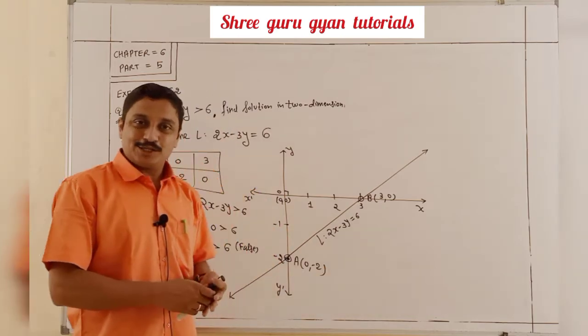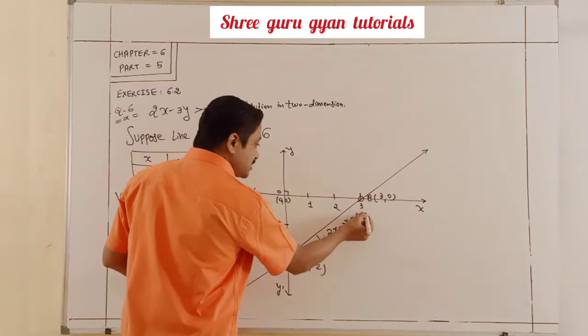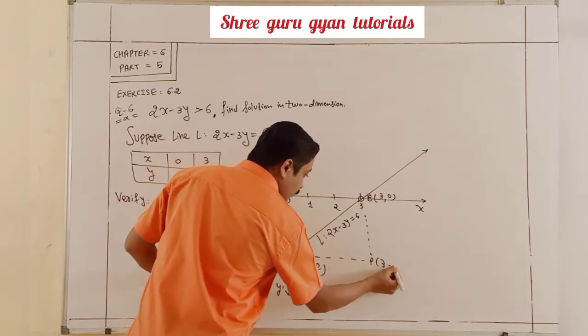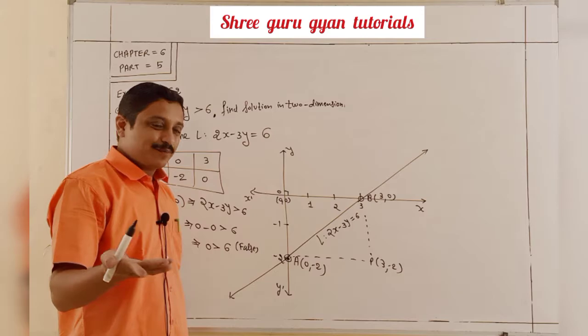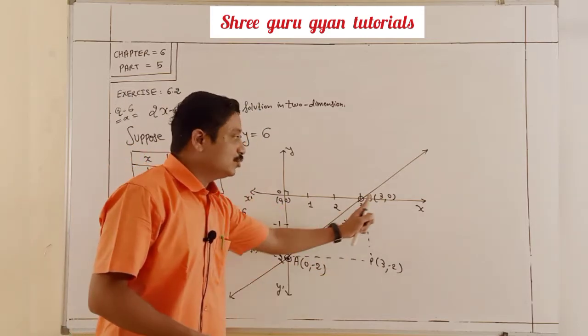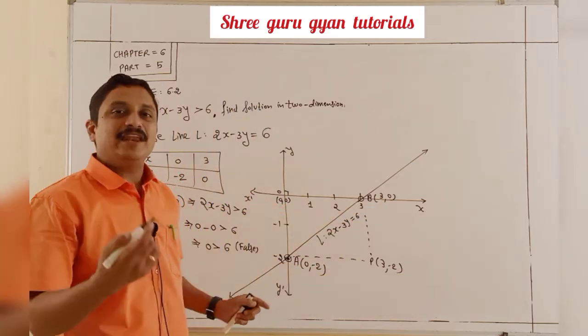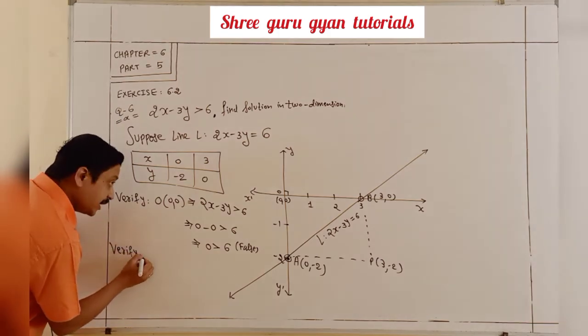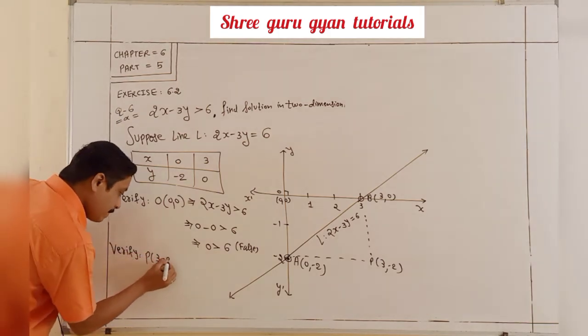Because I also check a downward point, just like taking (3, minus 2). As you like, another point is also possible, (4, minus 2), (4, minus 3), any point. And here also we verify. That is the point P, (3, minus 2).